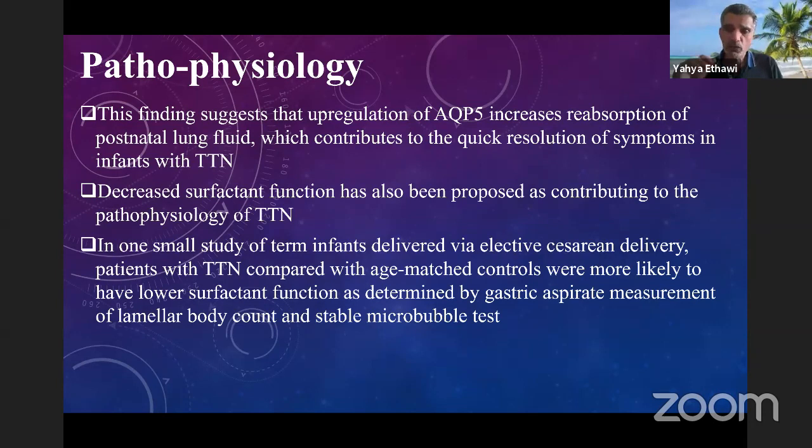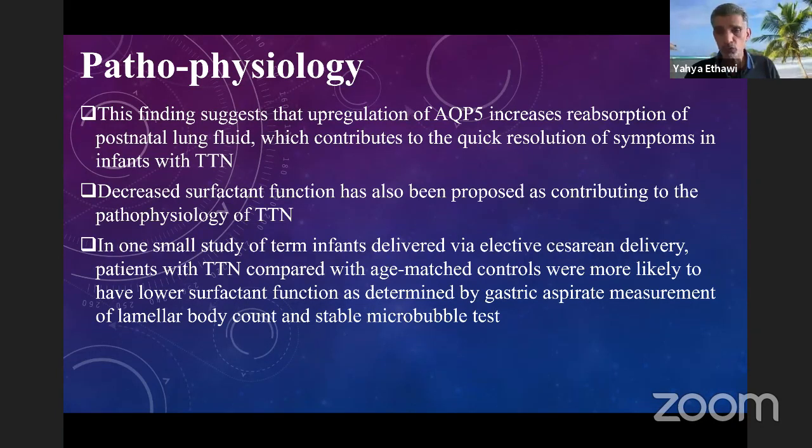Now, if you ask how you measure surfactant function, we know that lung maturity is tested by lecithin sphingomyelin, but a better test is to study the lamellar body, because the lamellar body in pneumocyte type 2 is the organelle responsible for secreting surfactant. Therefore, counting the lamellar bodies will be a good test for surfactant deficiency, or the presence or absence of surfactant.